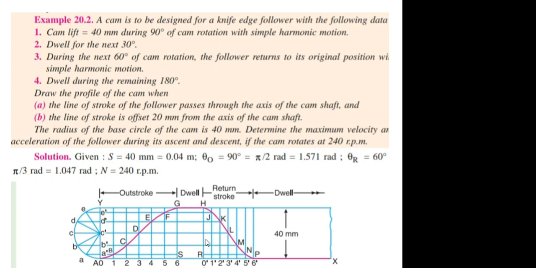During the next 60 degree of cam rotation, the follower will move from its topmost position to bottommost position. So it is 90 plus 30 is 120, plus 60 it is 180. Remaining is 180, since for one complete revolution of cam, that is 360 degrees, the remaining 180 degree is a second dwell period.